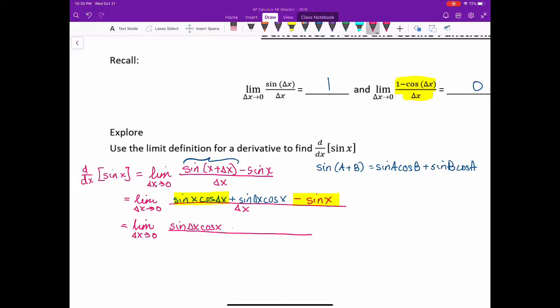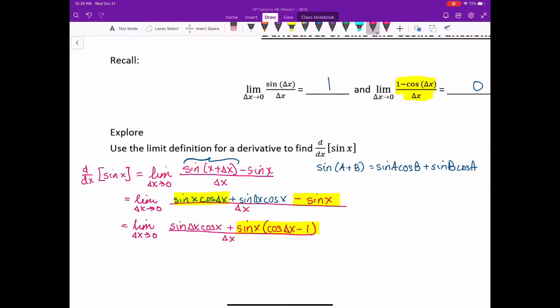So that means I'm going to write plus sine of x times cosine of delta x minus 1. What is highlighted in yellow corresponds; I just group them together, and then that's all over delta x, like that.